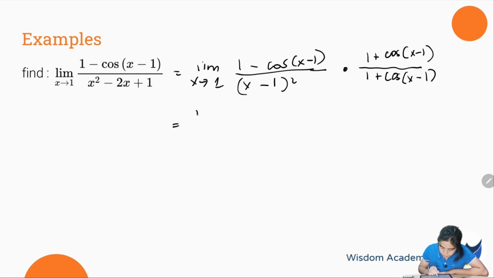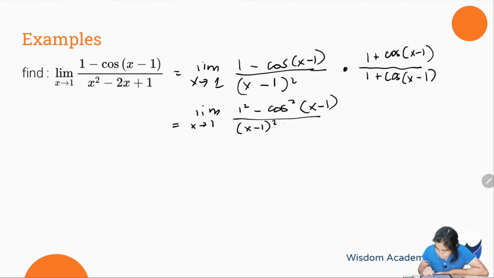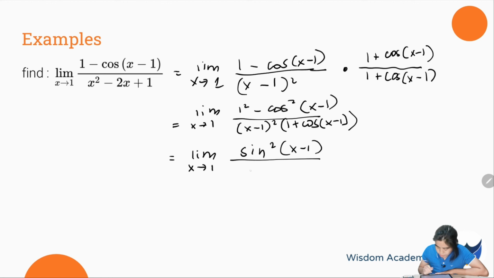So this will be equal to, numerator, using trigonometric identity, we could equate it to sine squared x minus 1 over x minus 1 squared multiplied by 1 over 1 plus cosine x minus 1.